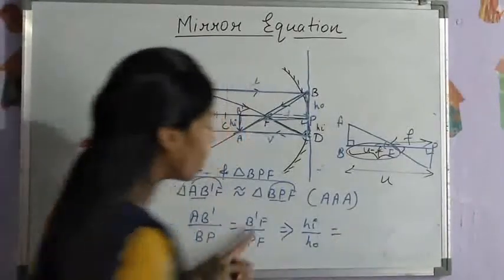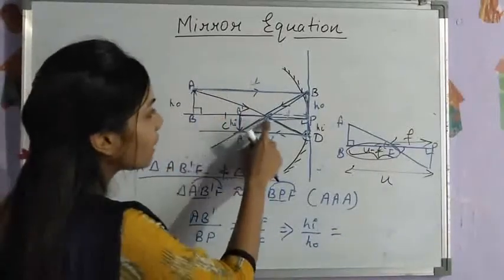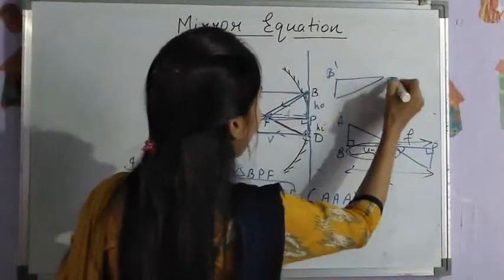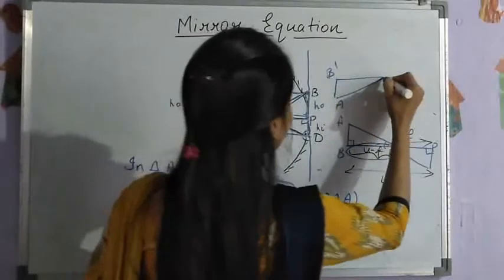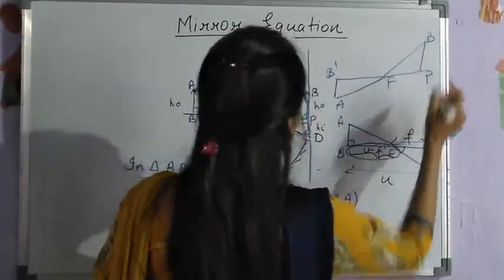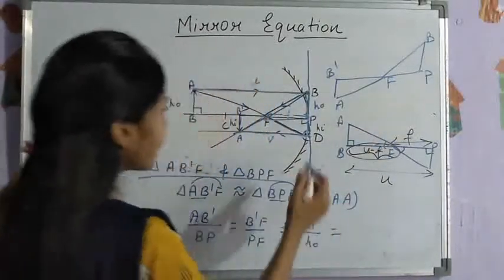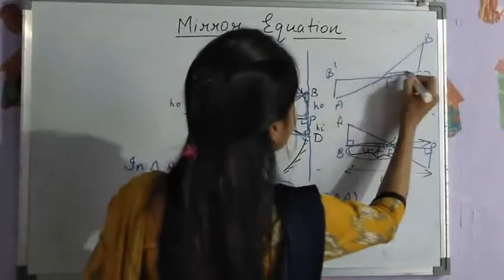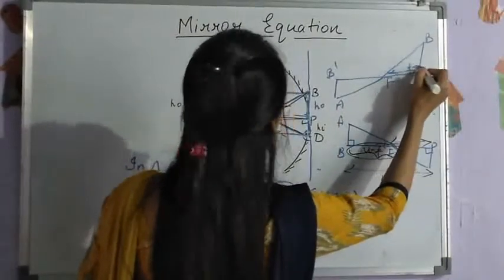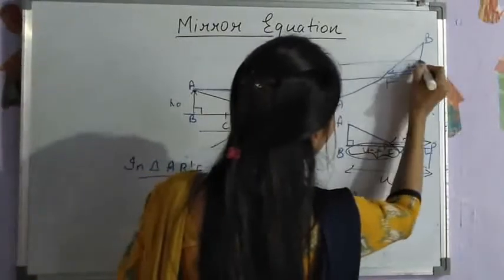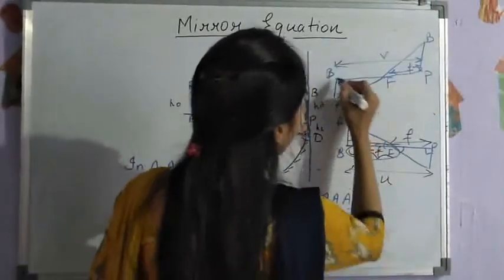This will be equal to B'F. What is B'F? Let me draw it here. B'FA, this triangle we have considered. So you see here, we have to find out what is B'F. What is this distance? We know this distance is the focal length, and this whole distance is our V. Now what will be this one?